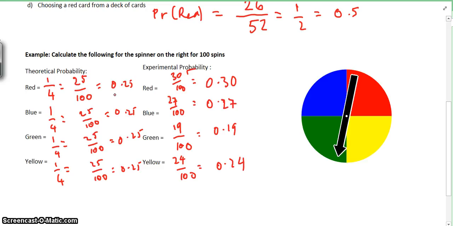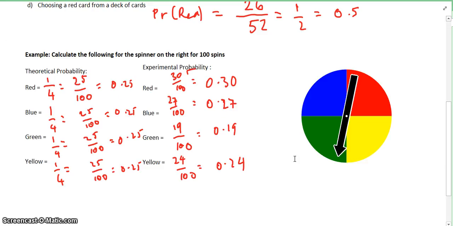If we compare these experimental probabilities to the theoretical probabilities, you can see that this does not match up. So this happens 0.25, this happens 0.30. So 30% of the time, 25% of the time, 27% of the time.